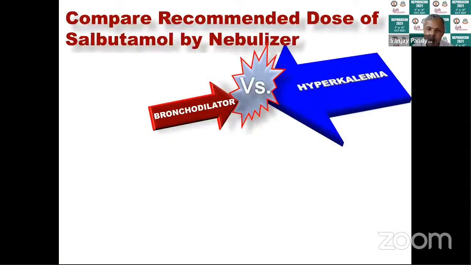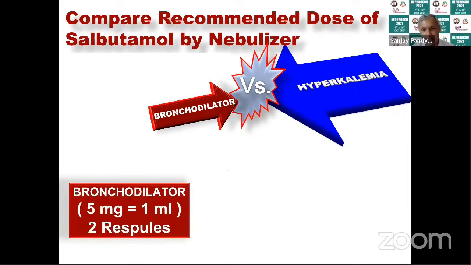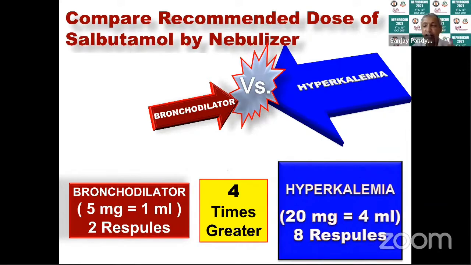Very important: remember that the dose recommended for hyperkalemia is different from that for bronchodilation. For bronchodilation, we use 2 respules, that is 5 milligram, but for hyperkalemia, it is as high as 10, therefore 4 to 8 respules.